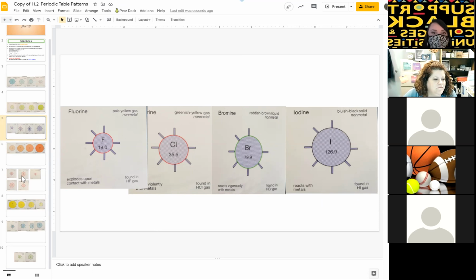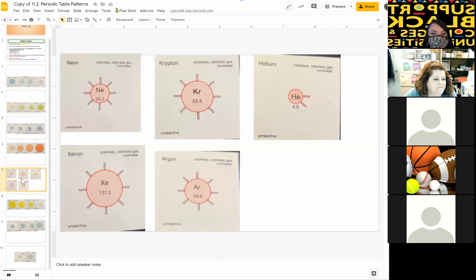Okay, we have one more group to look at here, and it is here with our noble gases. What do we notice here? They're all unreactive. Okay, are they a metal or non-metal? Non-metal. All non-metals.